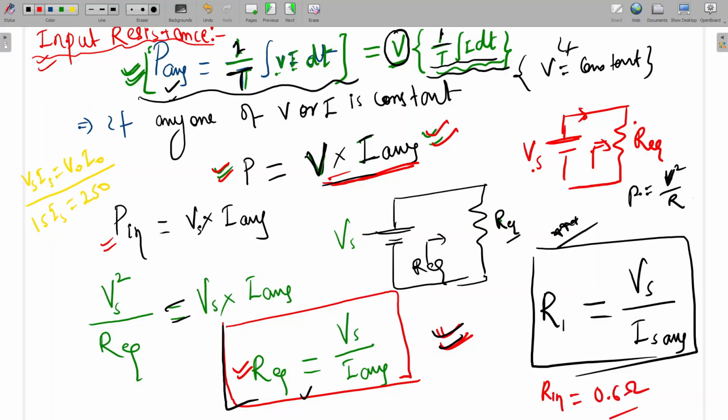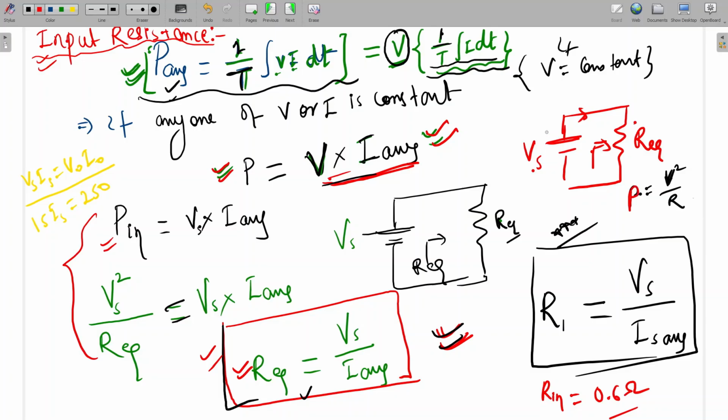In any converter, if it is asked before the switch, the source voltage is constant. One thing is constant, so we have to apply this formula: R equivalent is equal to Vs divided by I average. I have already derived why it is average. Directly we don't need to do V by I average since the power is known.